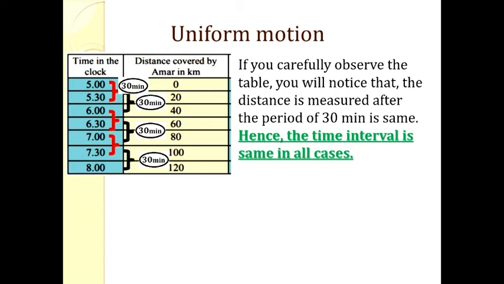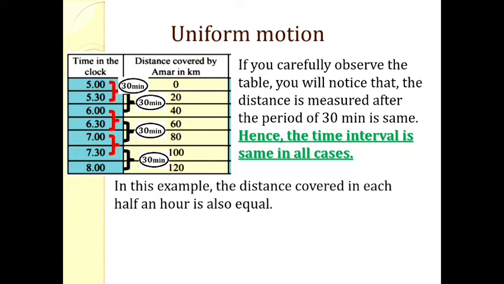Let's focus on the distance covered then. See, the distance covered in each half an hour, we are going to focus on now. The first 0 to 20 means Amar covered 20 kilometers in the first half an hour.